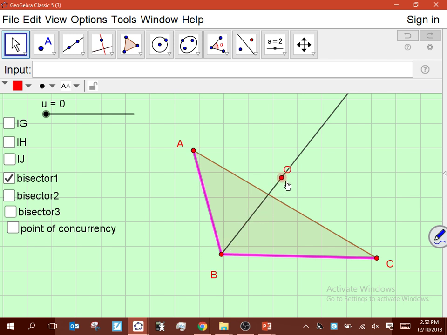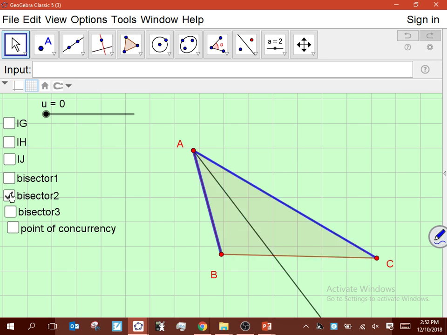Is that okay with everybody? If I take that bisector, any point on that bisector is going to be equidistant from the blue sides. Okay.